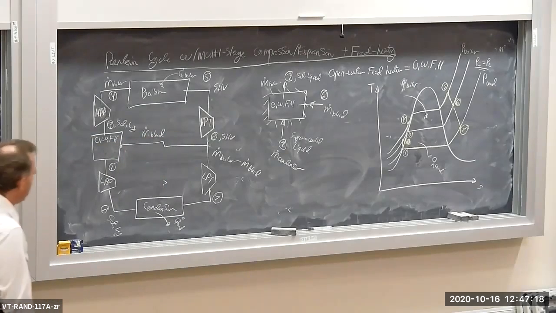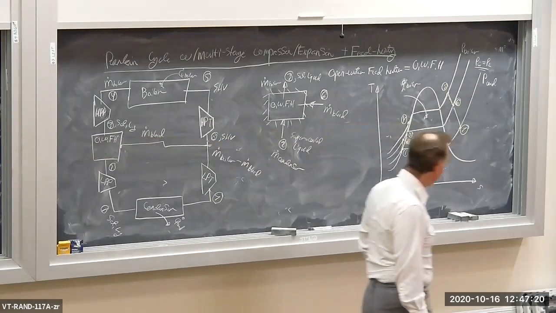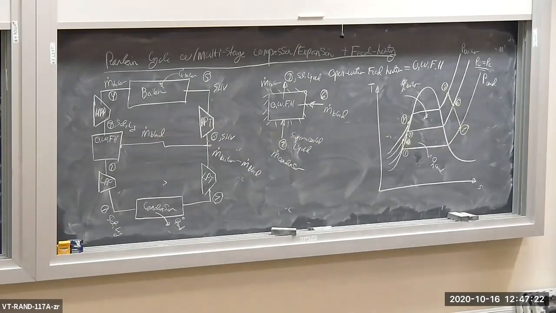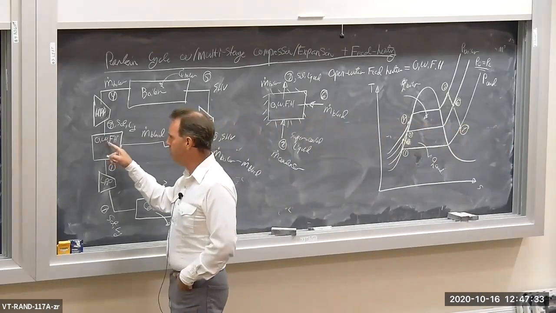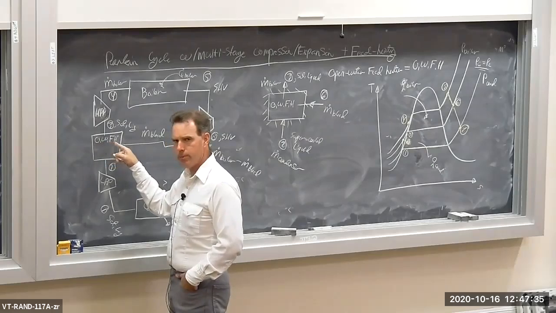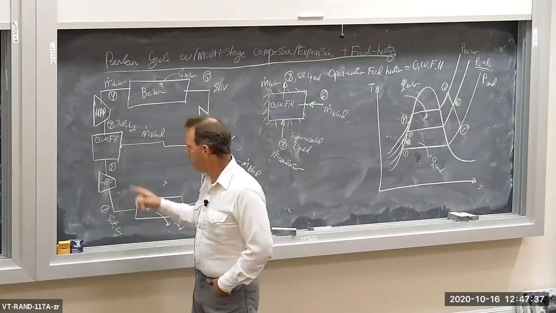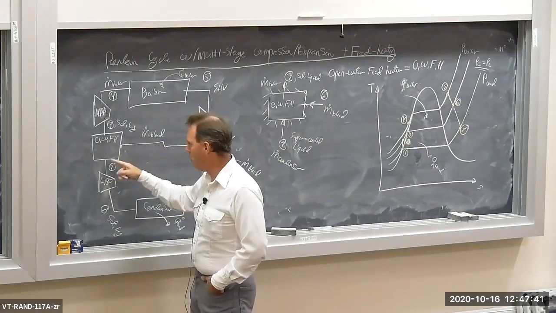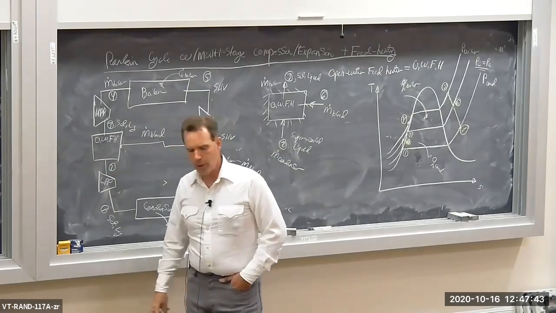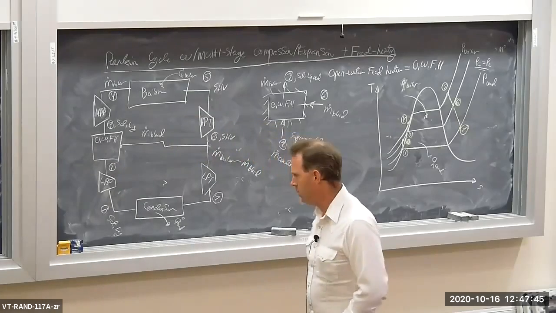So I hope this gives you an idea of some ways to improve the efficiency of a Rankine cycle by implementing various kinds of regeneration schemes. Open water feed heating is one of them. There's also closed water feed systems here, where you don't actually mix the bled H2O with the low pressure pump output H2O.